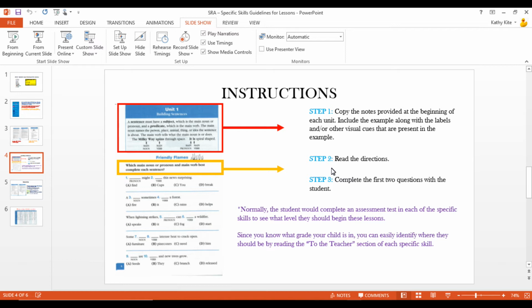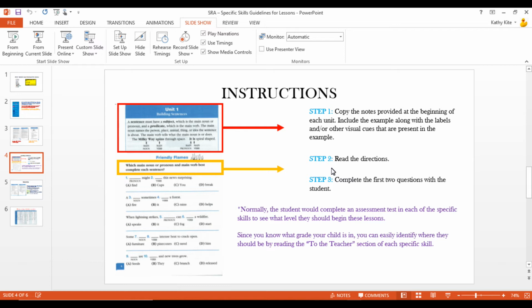Usually they're correct, but there are times where they think they know what they're doing and it's completely wrong and off base. So it's very important to read the directions out loud so that they know what they're supposed to be doing.